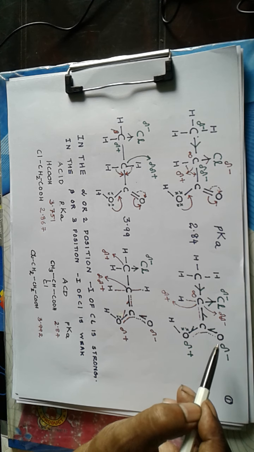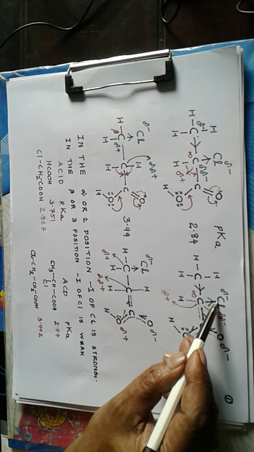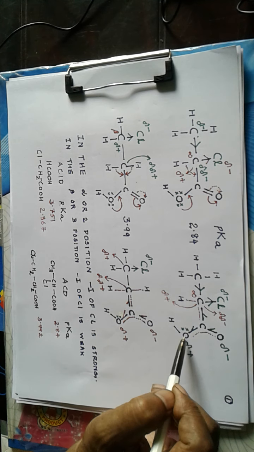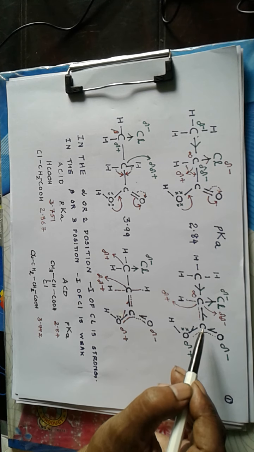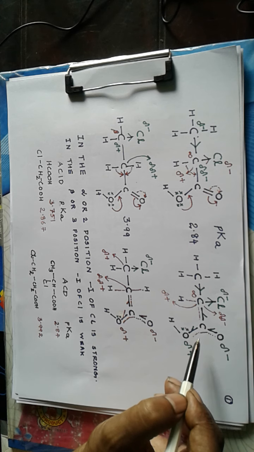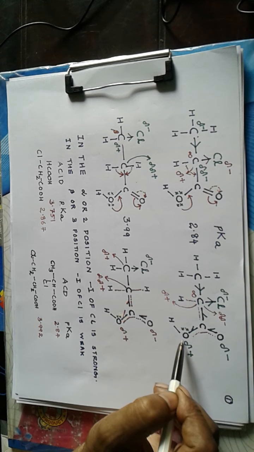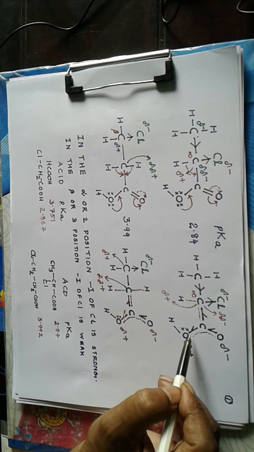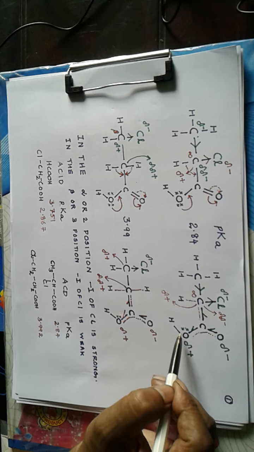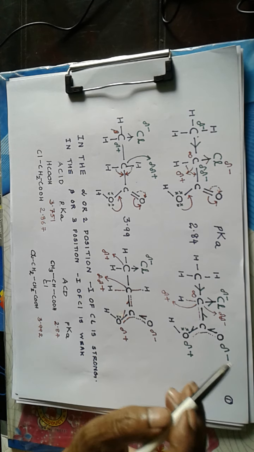So, the inductive effect of delta negative oxygen will be shared between this chain system and this oxygen. Almost equal sharing occurs here. And so, the oxygen atom of the OH group will still have a substantial amount of positive charge, so that it will show a greater tendency to take up the electron pair in the OH bond, increasing its acidity.